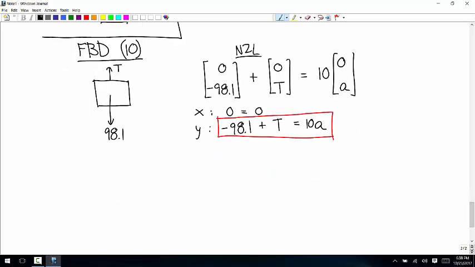And then go to the 20 kilogram mass. The weight force is 20 times 9.81, so 196.2.